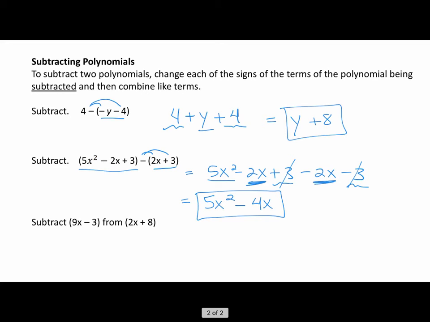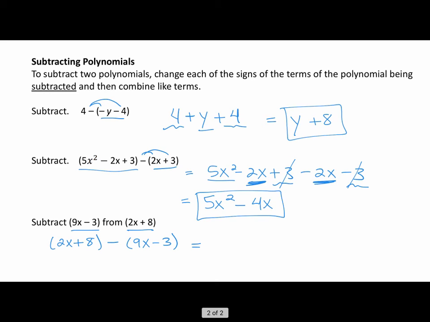Our next example was a little more difficult because it doesn't set up the problem for us. It's a word problem. We have to subtract 9x minus 3 from 2x plus 8. So since we're subtracting from, we start with that polynomial, and we're going to subtract this one from that one. Okay. Remember, from changes the order in translation.